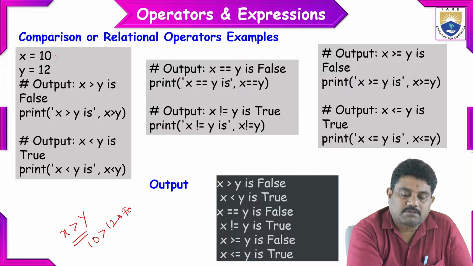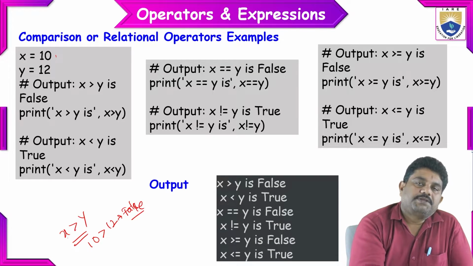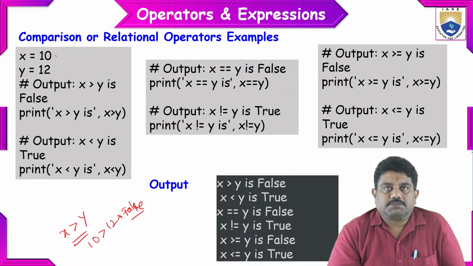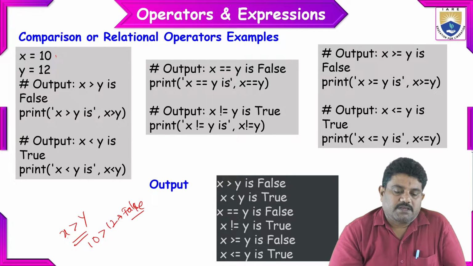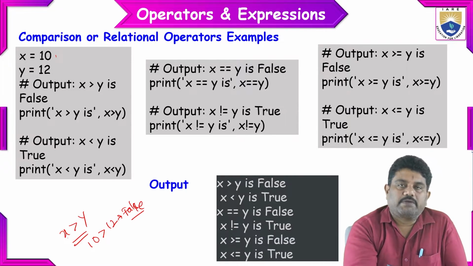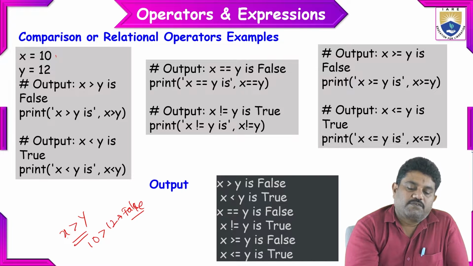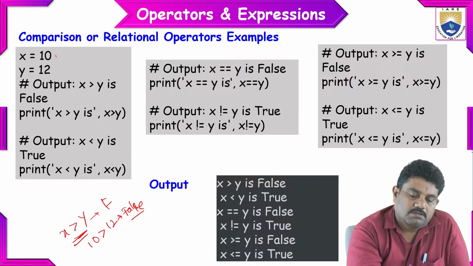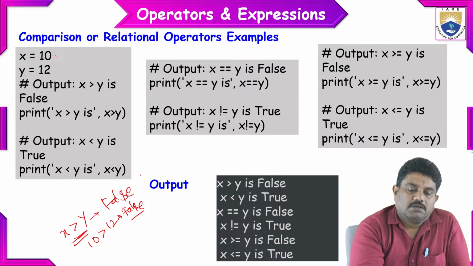These comparison operators return either true or false based on the values in the expression. Since 10 is not greater than 12, this expression becomes false.